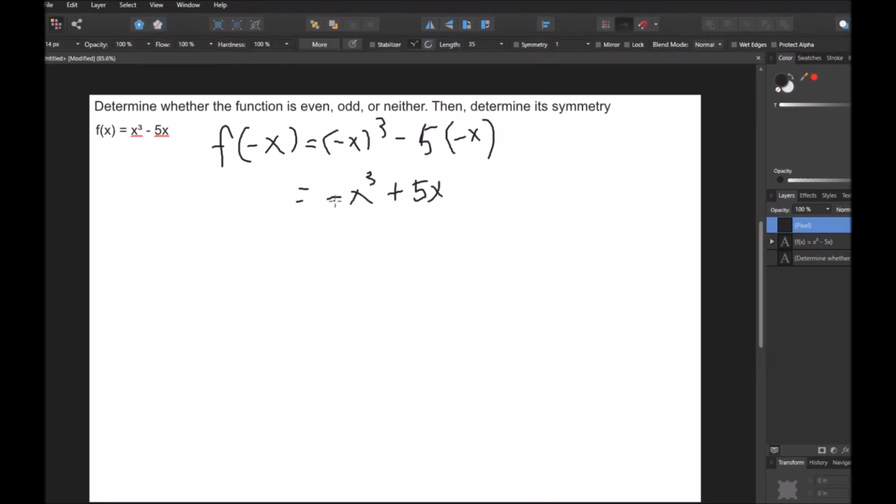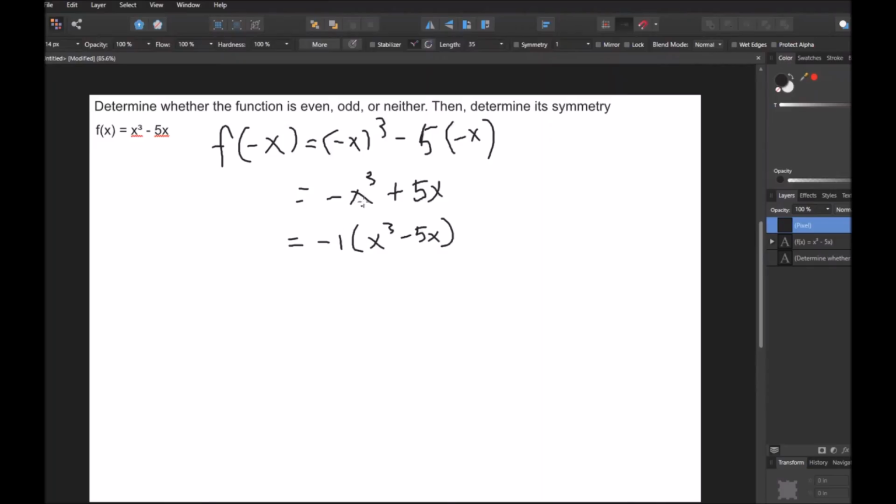Now, looking at this, it might not seem immediately clear what the answer is, but I'm going to go ahead and factor out a negative 1. And if I factor out a negative 1, this becomes x cubed minus 5x. Because if we distribute this negative 1, we get negative 1 times x cubed, which is negative x cubed, and negative 1 times negative 5x, which is positive 5x.